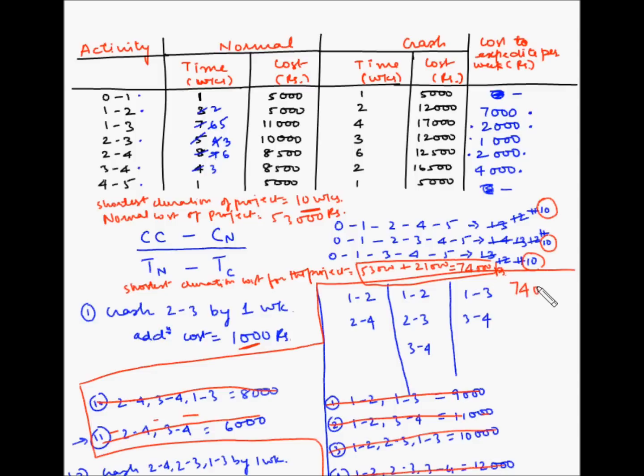So 74,000 rupees is the cost for completing this project in 10 weeks, as compared to a cost of 53,000 rupees if we were to complete this project in 14 weeks.